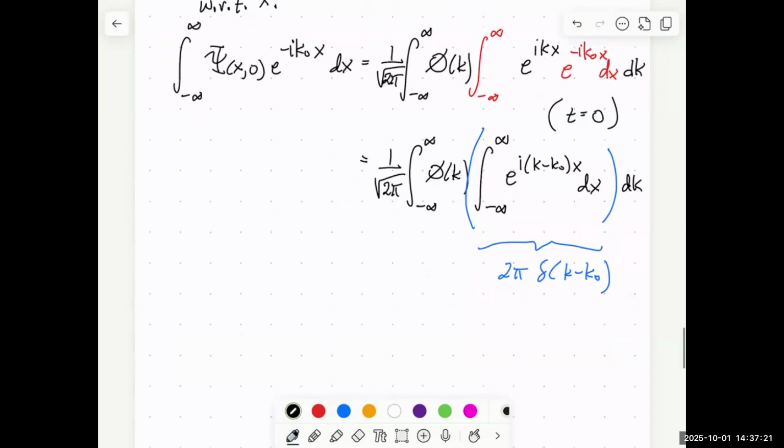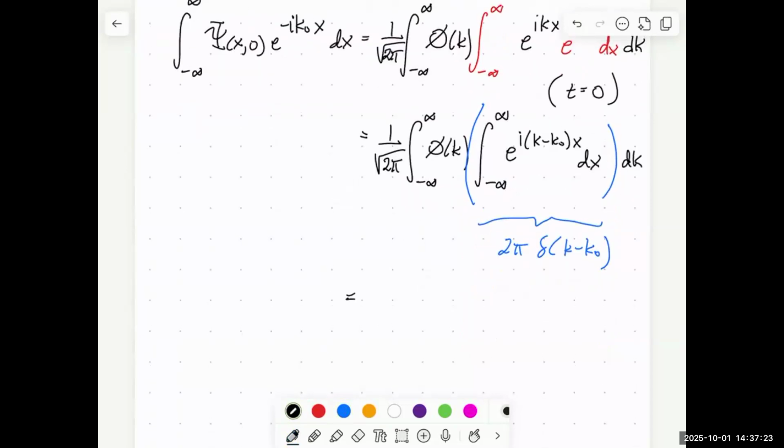All right, so assuming this is true, what are we going to get? The 2 pi is going to partially cancel with the 1 over root 2 pi. So we get root 2 pi, integral from minus infinity to infinity, phi of k, delta of k minus k naught, dk.